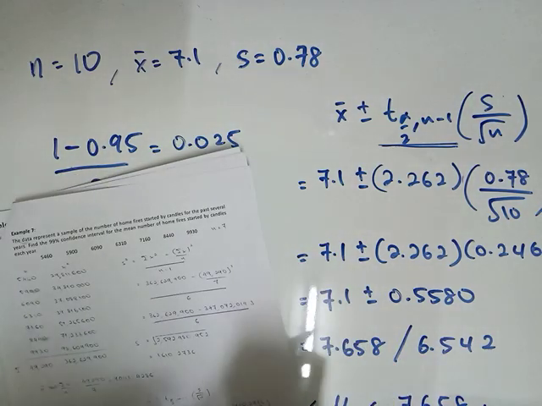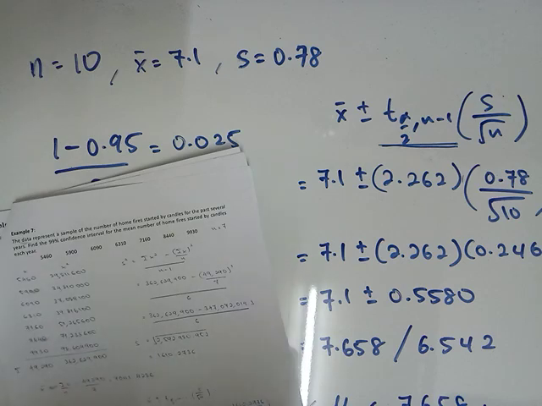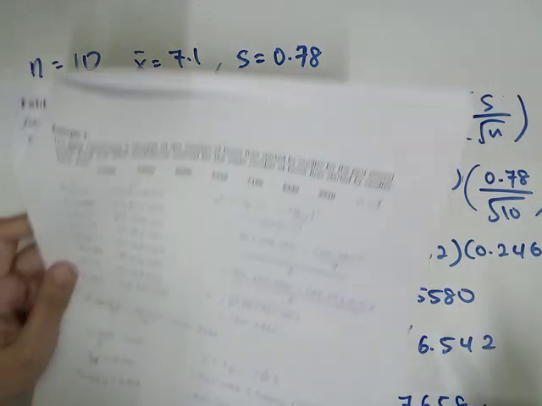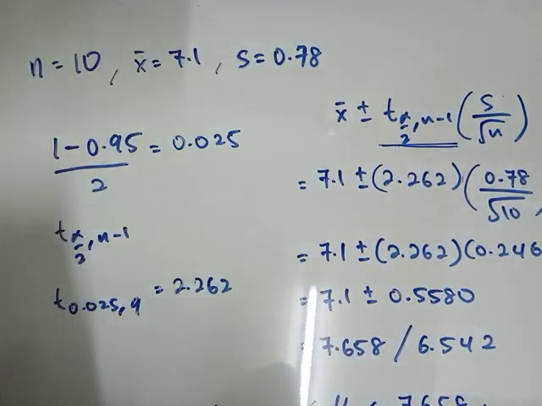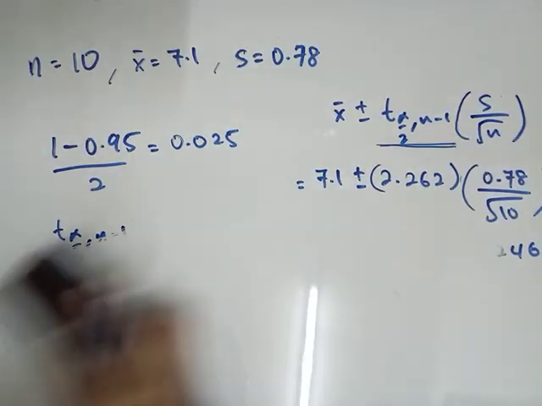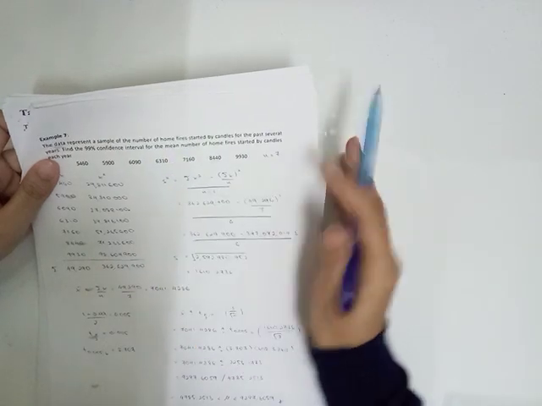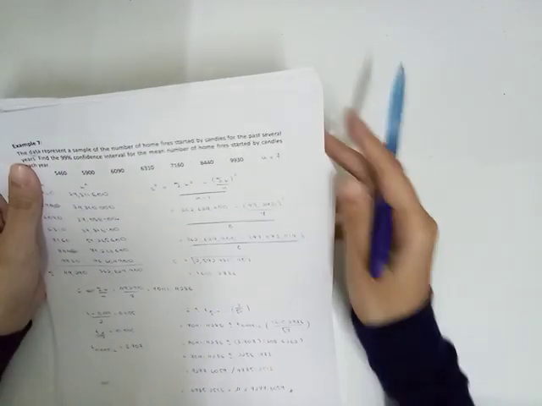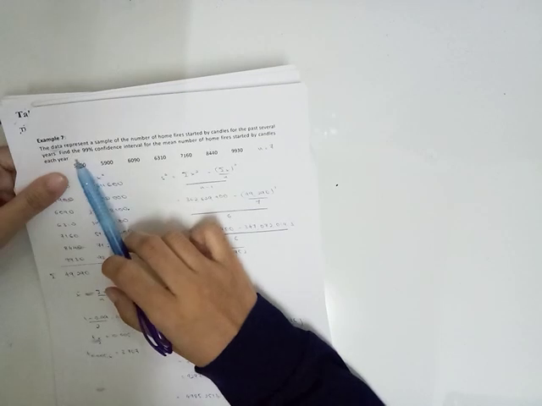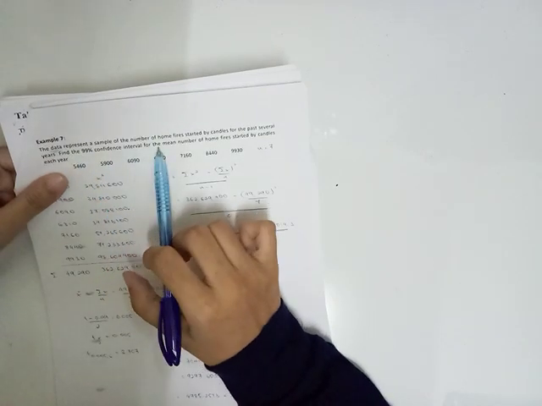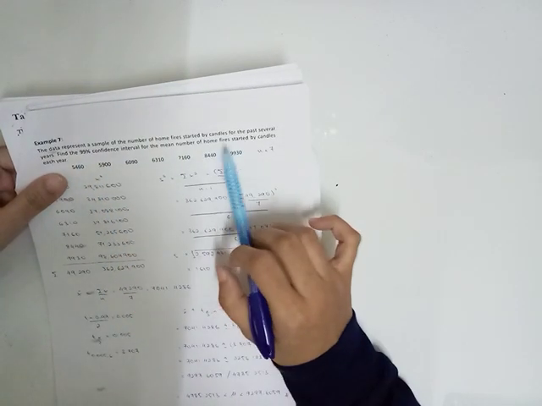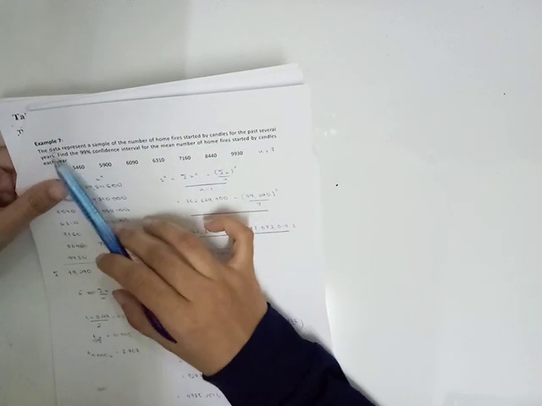Alright, look at example 7. The data represent a sample of the number of home fires started by candles for the past several years. Find the 99% confidence interval for the mean number of home fires started by candles each year.